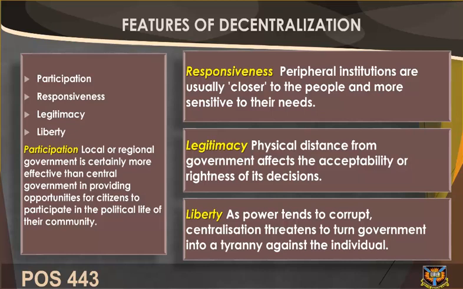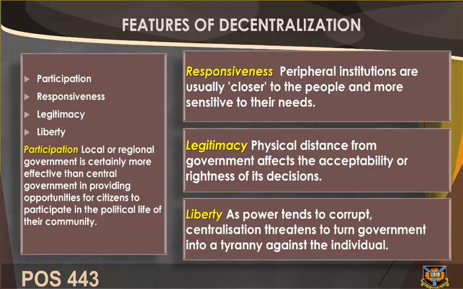Features of decentralization: participation, responsiveness, legitimacy, liberty. Participation. Local or regional government is certainly more effective than central government in providing opportunities for citizens to participate in the political life of their community. Responsiveness.